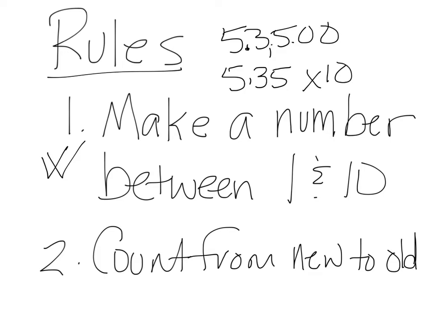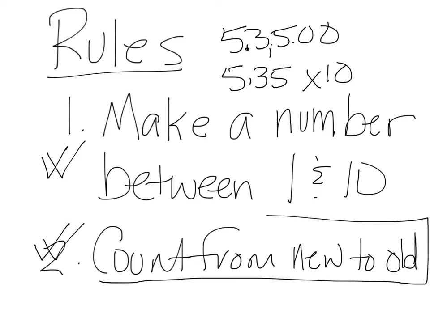Then there's always going to be this times 10 thing. And the second step is simply count from new to old, from the new decimal to the old decimal. Here's my new decimal point. Where was the old decimal to begin with? I don't see it. Oh, it was right here.